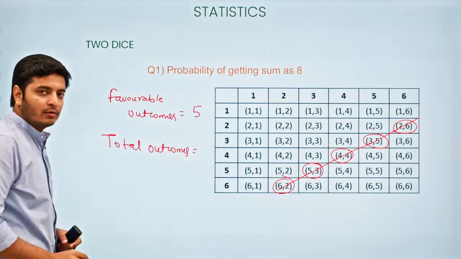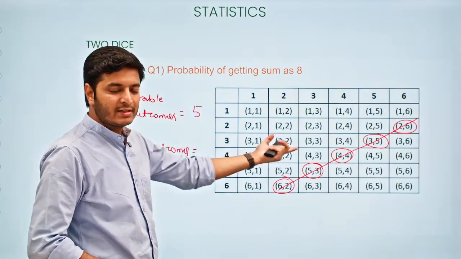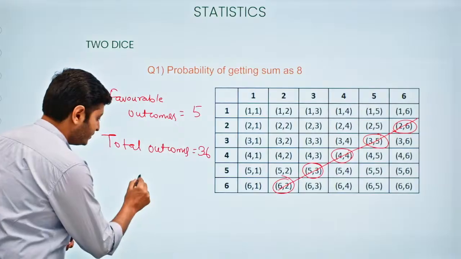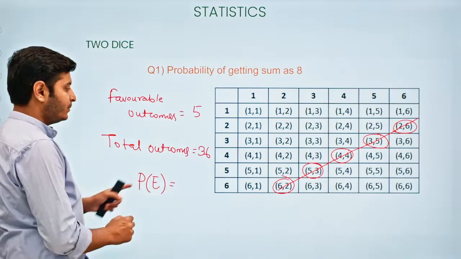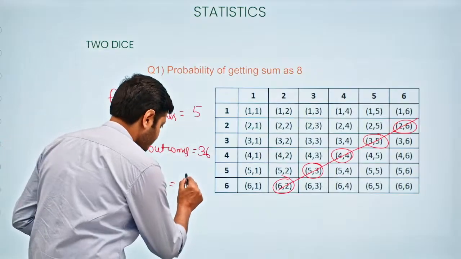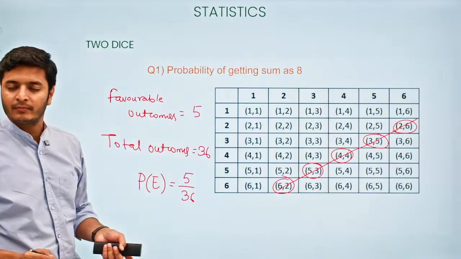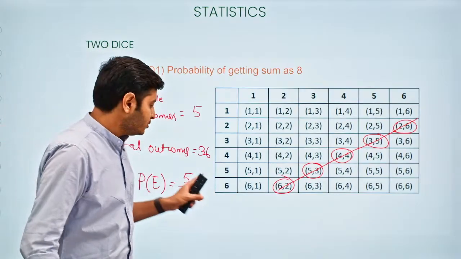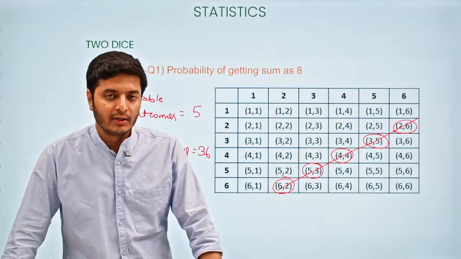What is the total number of outcomes? 6 into 6, 36. So what is the probability of this event? The probability is 5 by 36. Can we simplify it further? No, we cannot simplify it further because these two values are co-primes. So this is the probability of us getting sum as 8 when we are rolling two dice.